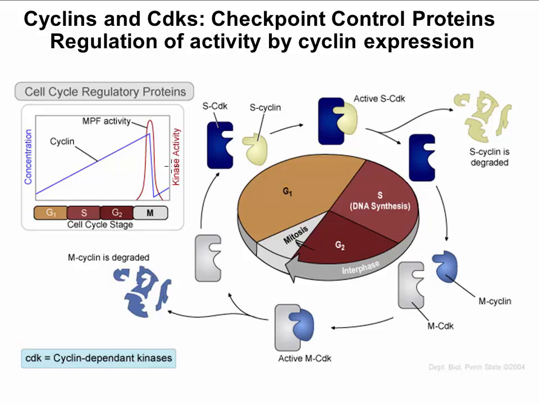And if we compare that to the activity of this complex, the CDK, remember it's the CDK that has the enzymatic activity, what we see is that the activity of the enzyme peaks and corresponds to the peak in concentration of the cyclin protein.